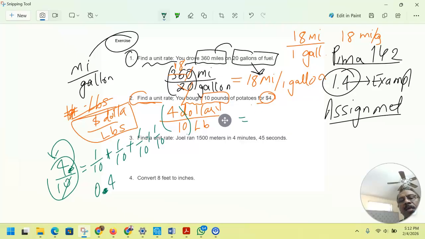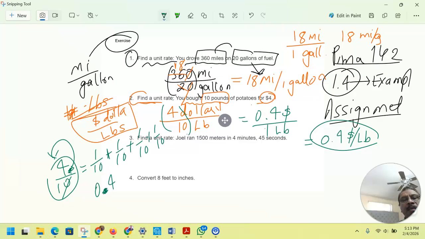So this answer will be 0.4 dollars per 1 pound, or in short, you can write 0.4 dollars per pound. So both are the same.